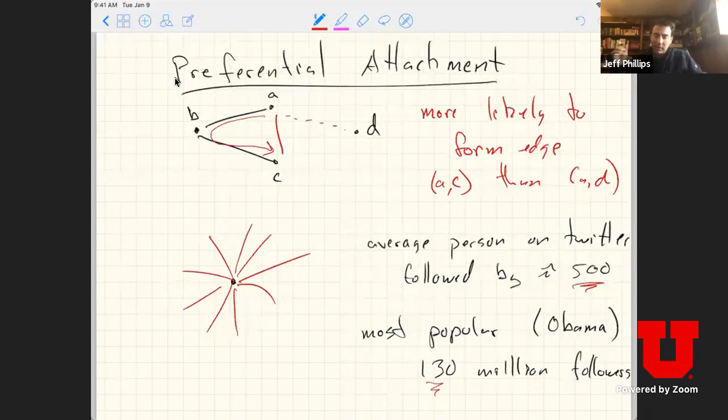You're going to pick Obama and Justin Bieber, who I think might be the number 2 person with over 100 million followers, and I think Katy Perry is up there. You're going to follow these people and then maybe some random people on top of that, right? So you want the graphs to look more like this, and they have these kinds of structural patterns as well.